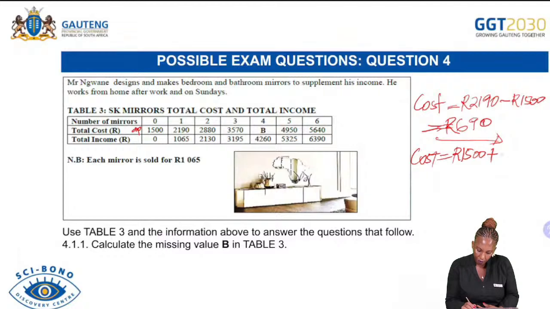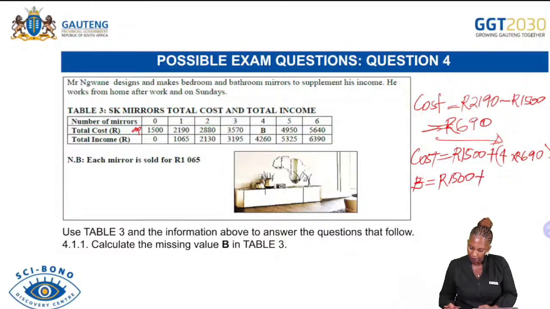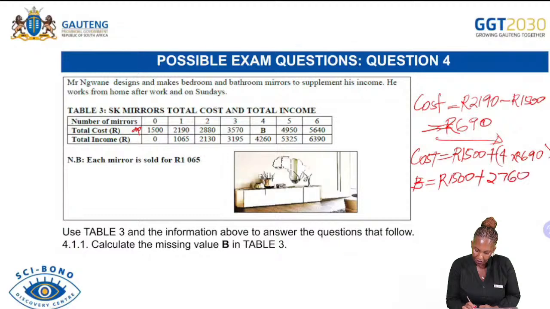Plus the 4, multiplied by what? 4 is the number of mirrors multiplied by the price per mirror, which is 690 rand per mirror. Then B will be 1,500 rand plus 4 multiplied by 690, which is 2,760 rand.